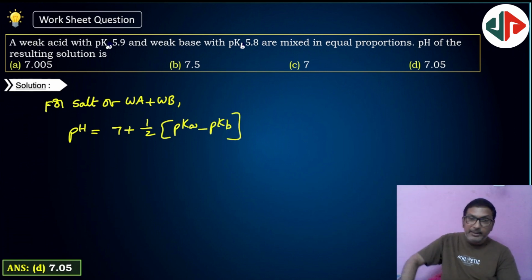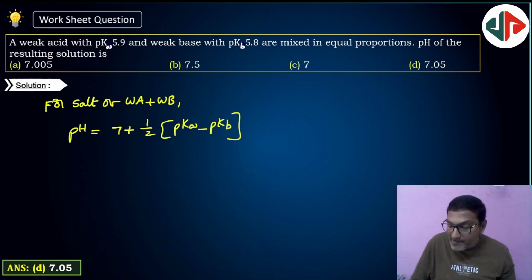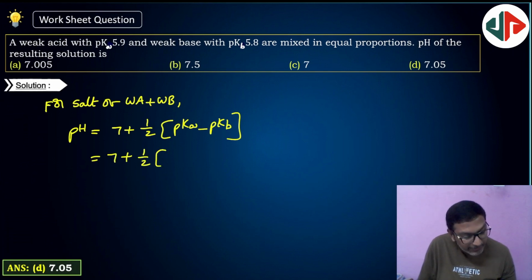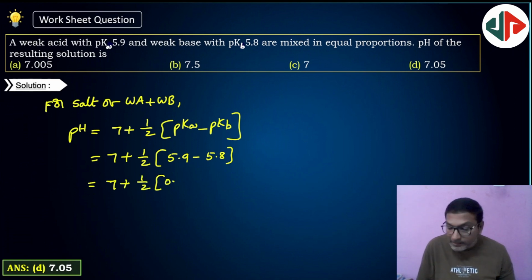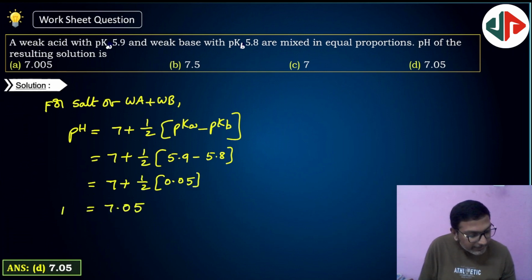So substitute the values. That is 7 plus half into (pKa 5.9 minus 5.8). So 7 plus half into 0.05. Therefore, 7.05 pH. Option D.